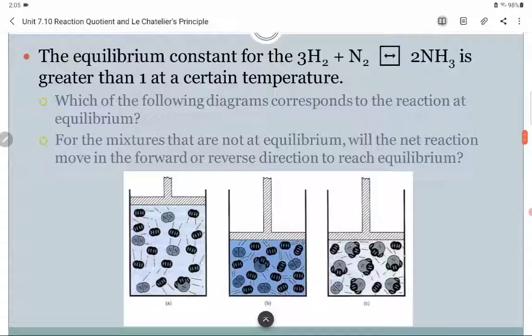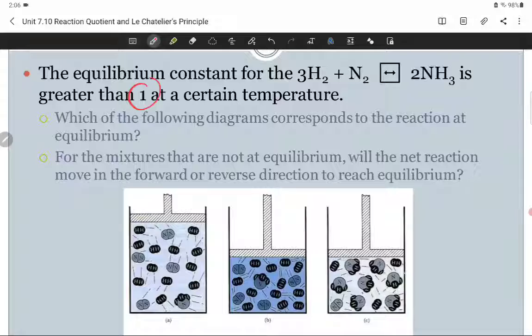Okay. We have the synthesis of ammonia. Which of the following diagrams corresponds to the reaction at equilibrium? So the K is shown to us as being greater than 1. Greater than 1 means that there's lots of reactant to product, not much in the way of product back to reactant.